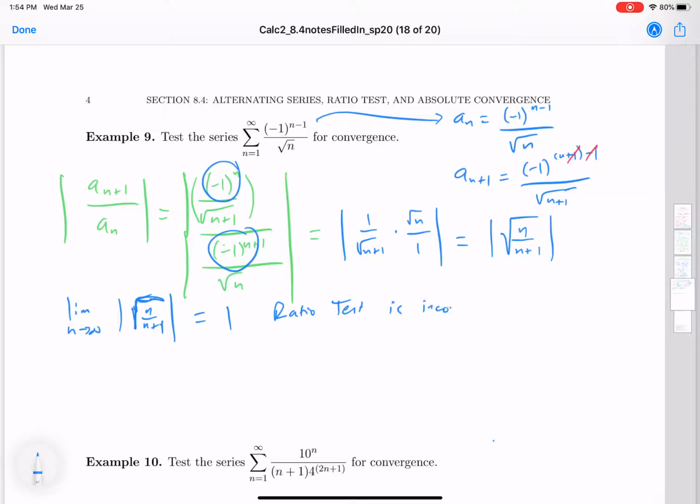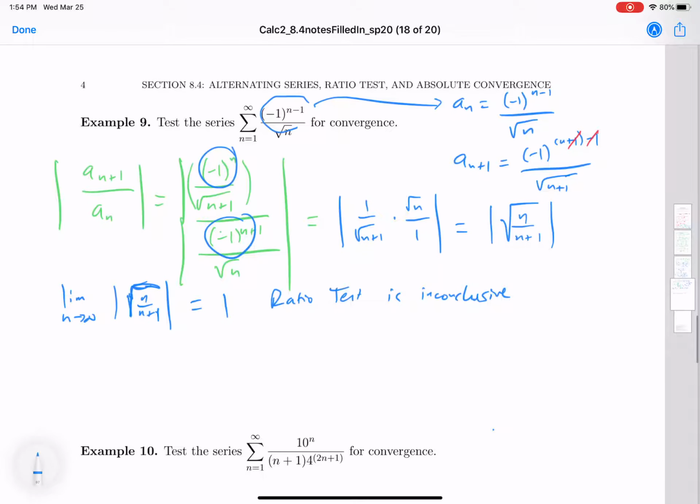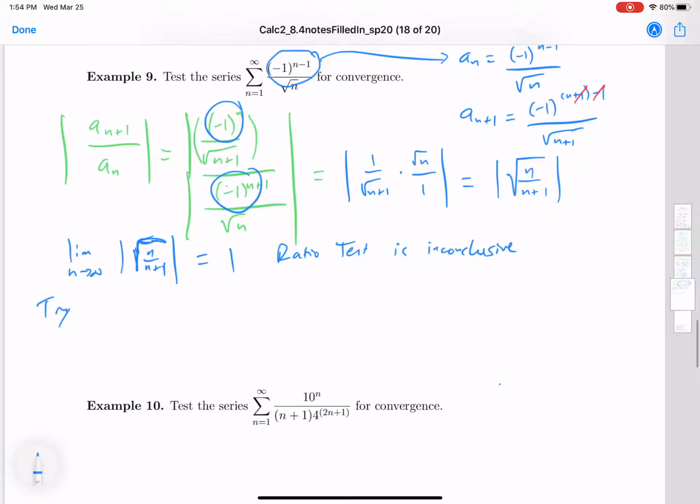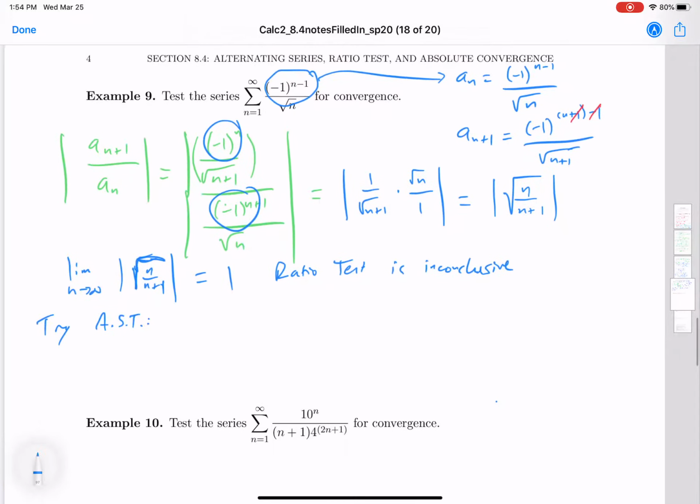The ratio test is inconclusive. So that means we need a different way to prove this. And here, the fact that it's got a -1 to the n minus 1 tells me I should try the alternating series test. So is 1 over square root of n decreasing?